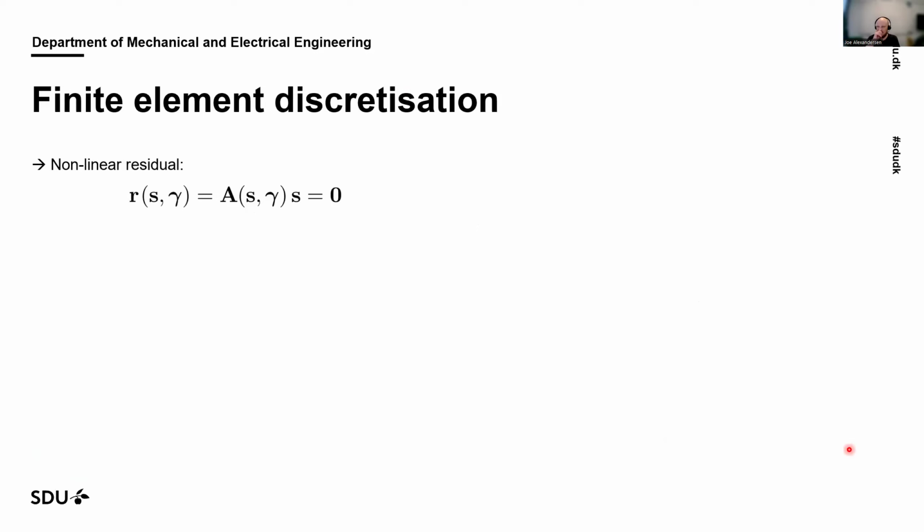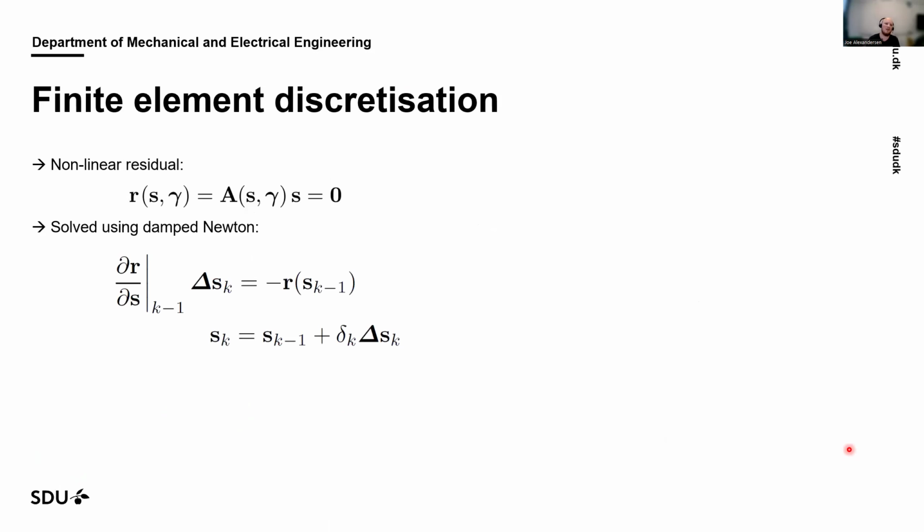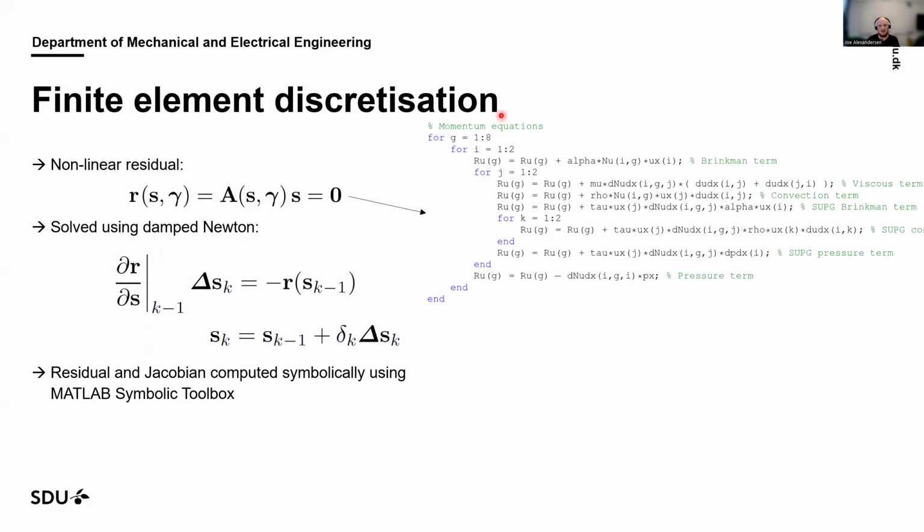So it's a nonlinear problem when we have Navier-Stokes equations, so we have to solve it using a nonlinear solver. I use a damped Newton solver. There again, we need the Jacobian. And if we're lazy and don't want to do that by hand, we can just ask MATLAB to do it again. So we define the residual again by summing up over various indices of the weak form.